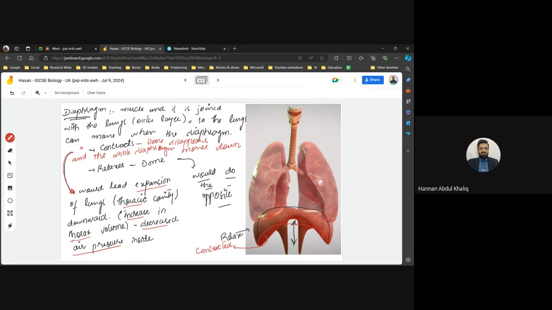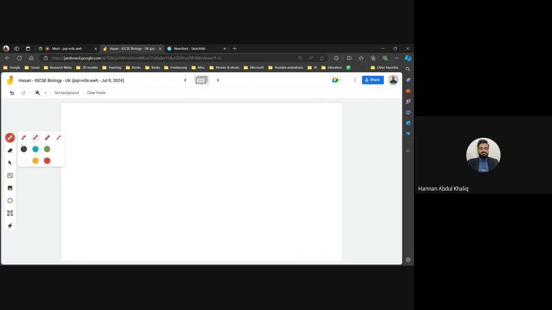So I would say this is inhalation event one. Then this is inhalation event two, expansion of thoracic cavity or increase in thoracic volume. This is inhalation event three, decreased air pressure. Another phenomenon that is about to happen is that the rib cage.